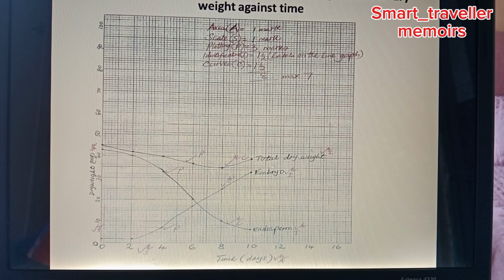Plotting, you can see the 3 P's there, and a tick. Curves, you can see the half, half, half, and then identification, half, half, half. All right, so now the total mark is 8, but you give a maximum of 7.